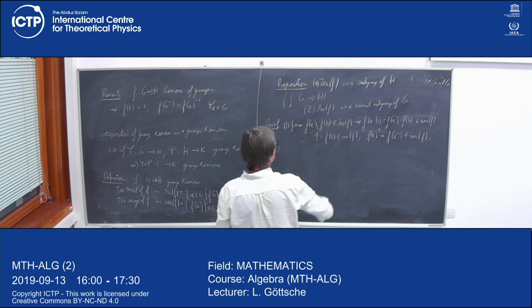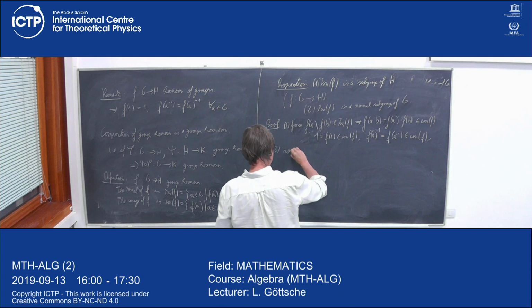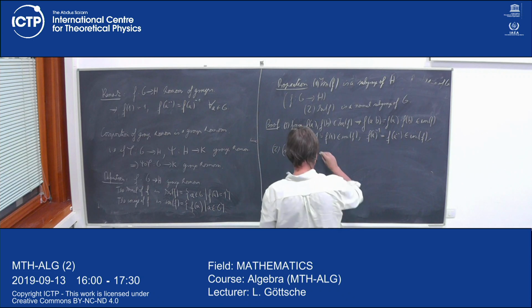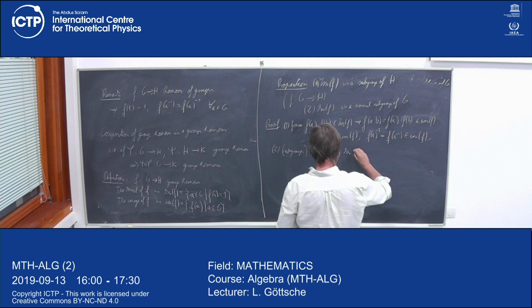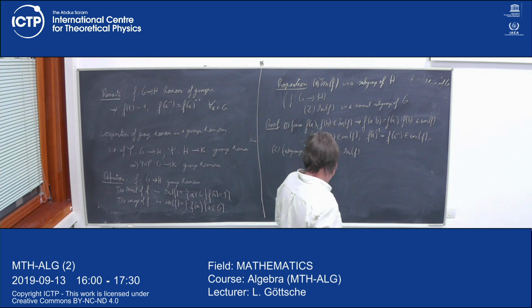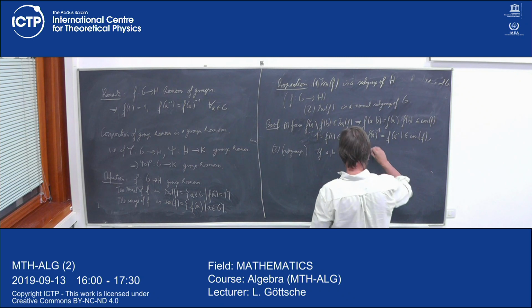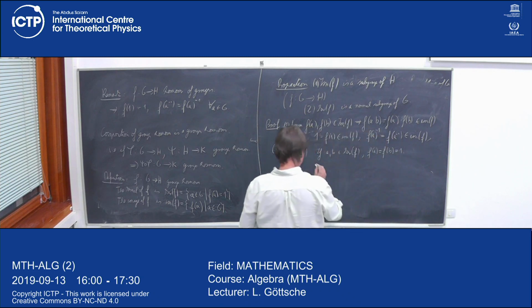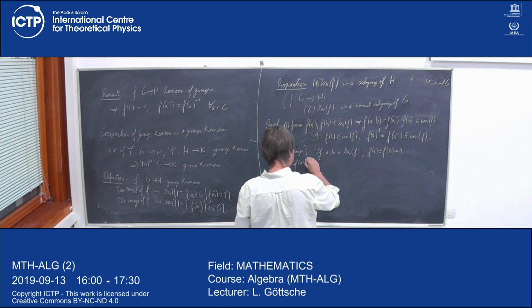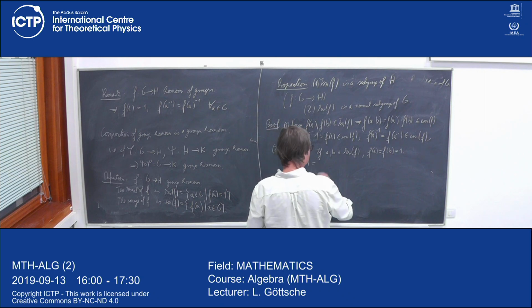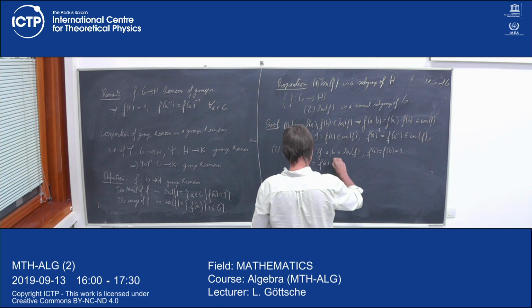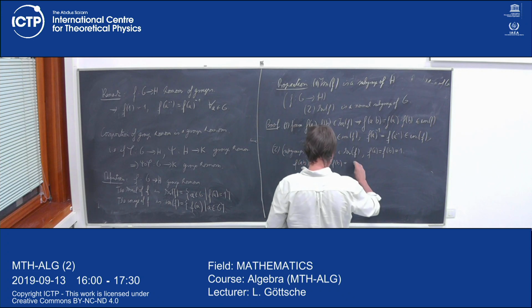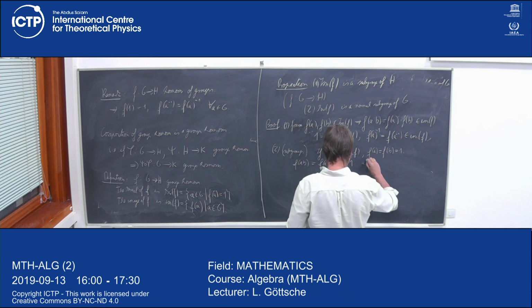First we want to see that the kernel is a subgroup. If a and b are in the kernel of f, it means that f of a is equal to f of b is equal to 1. Thus f of ab is equal to f of a times f of b, which is 1 times 1, equal to 1. So ab is in the kernel.